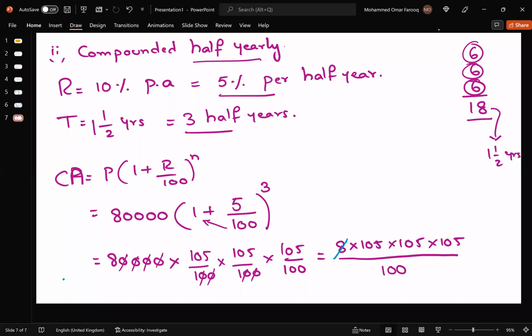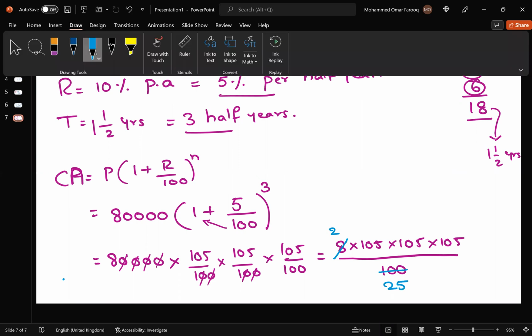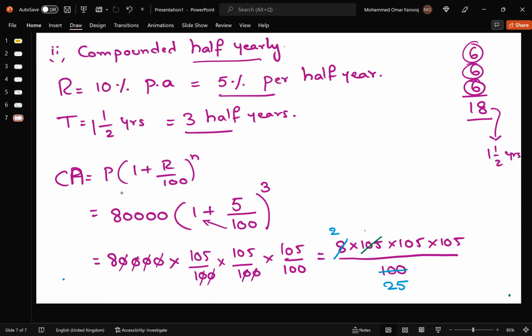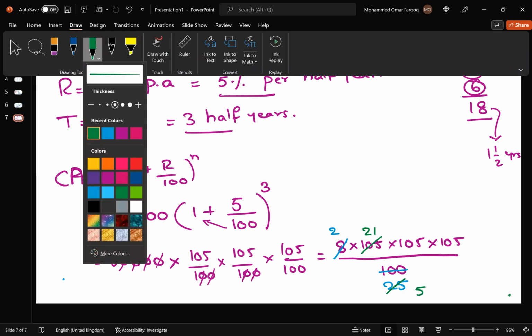So 4 divides 8 two times, and 4 in 100, how many times? 25 times. Is it right? And let me differentiate with colors so that it will be easier for you. And 5 in 105, 21 times, and here also 5 times. And now what is the next one? The same 5.